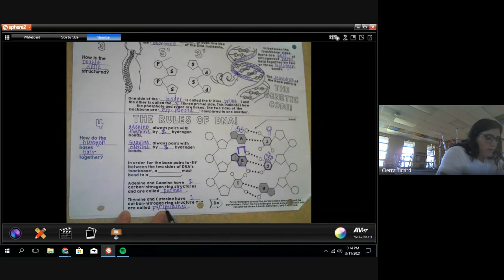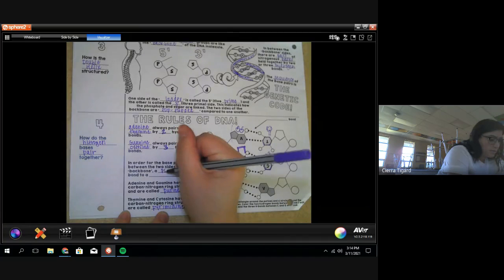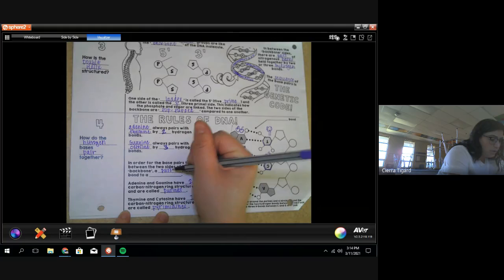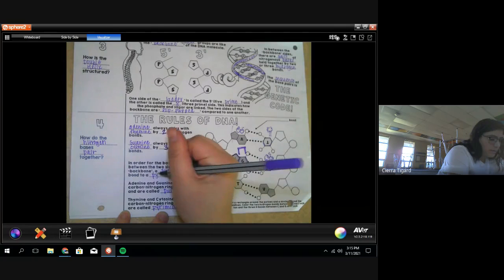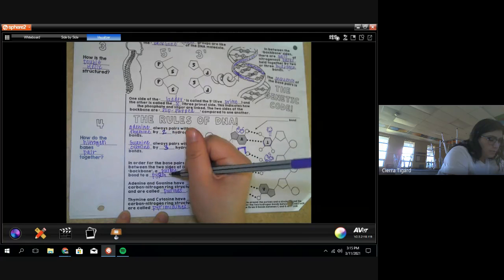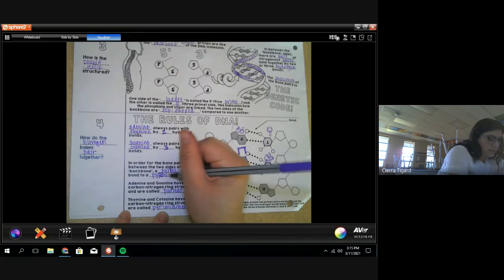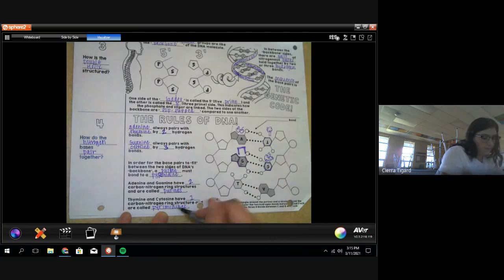So we know that 1 always has to match with the 2. So we know that a purine must bond with a pyrimidine. Wow, I am having some issues. Pyrimidine. If you need to know how to really spell it, it's right there.